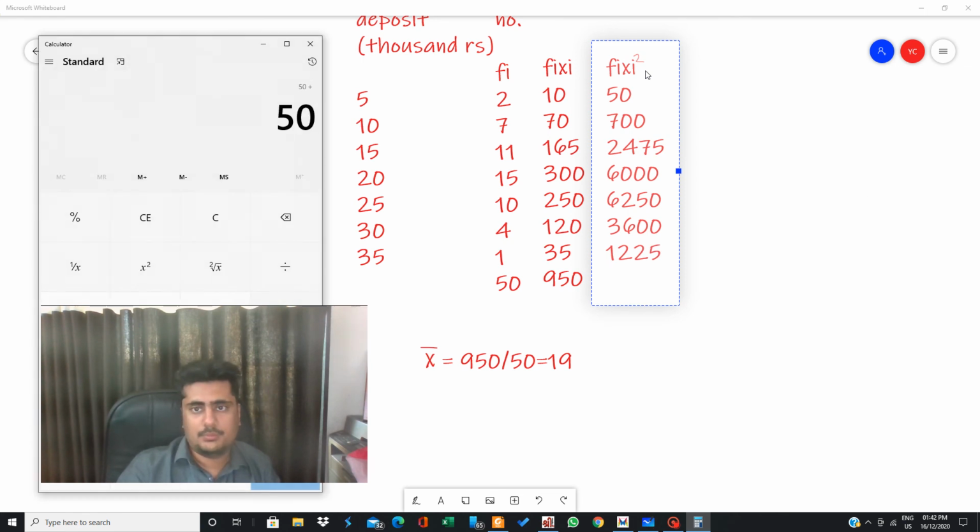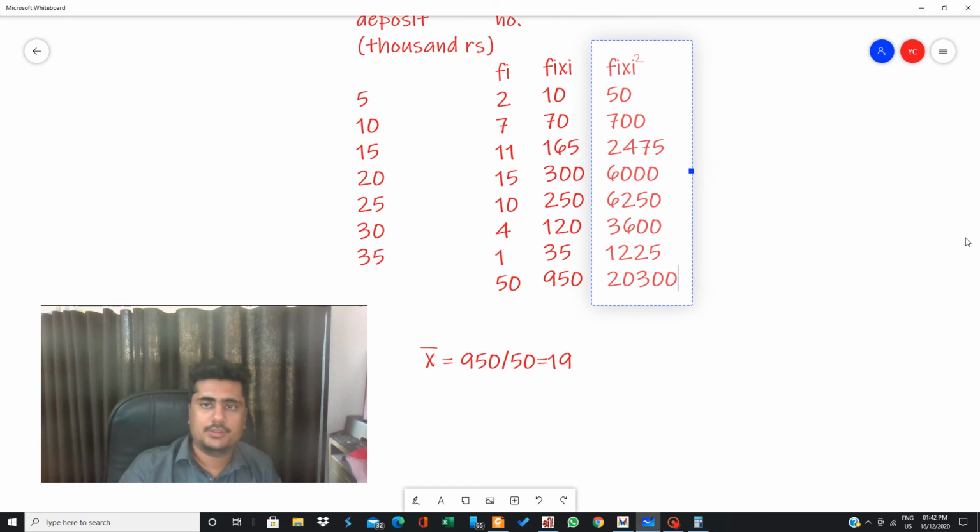Now 50 plus 700 plus 2475 plus 6000 plus 6250 plus 3600 plus 1225 is 20300. This is my sigma fi xi square.